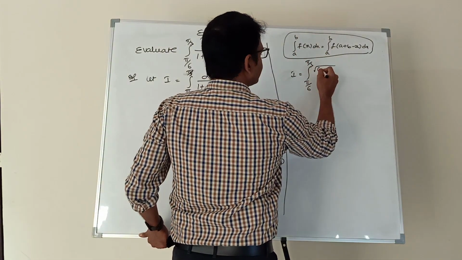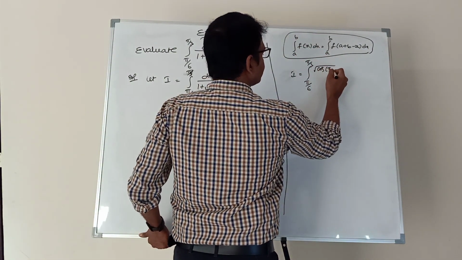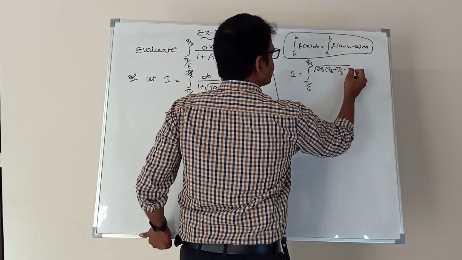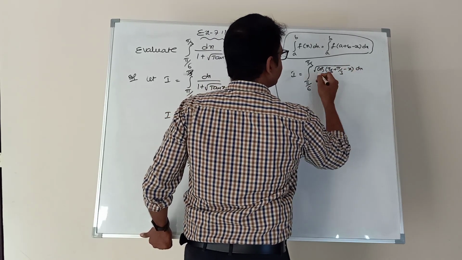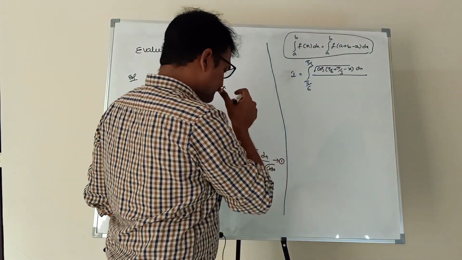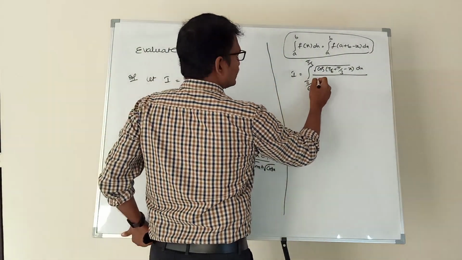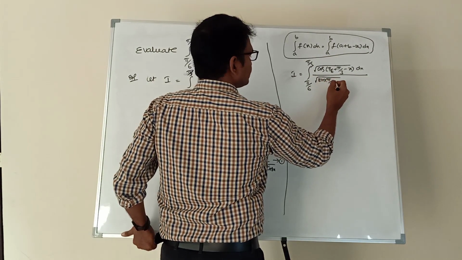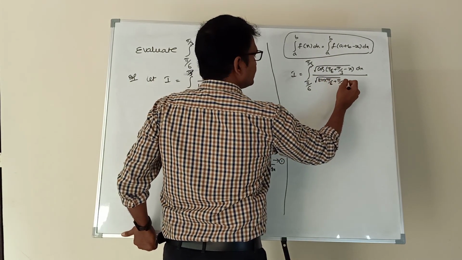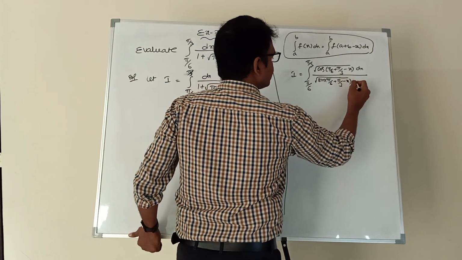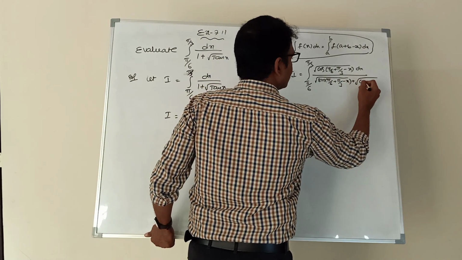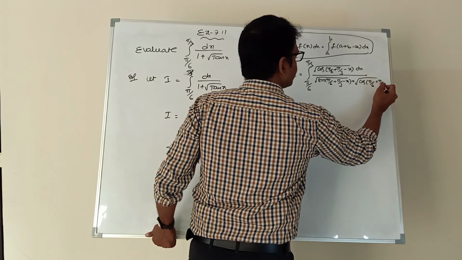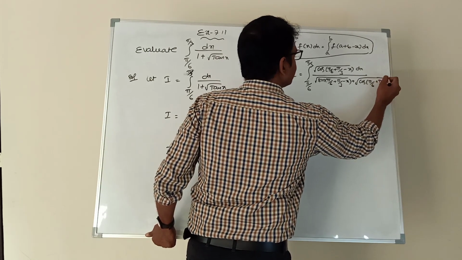That means pi by 6 plus pi by 3 minus x in every place.